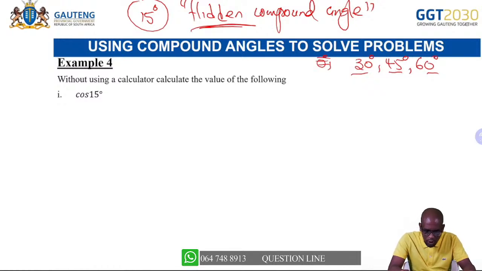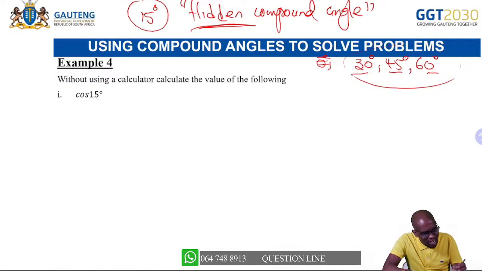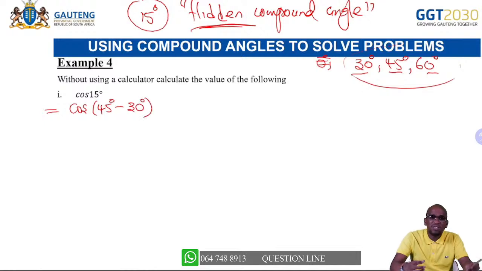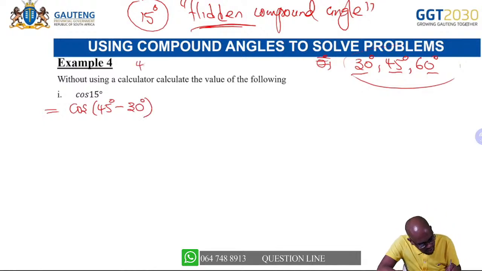But now, we need to utilize any of these special angles that can assist us to get 15. So if I can use the cosine of 45 degrees minus 30. What is 45 minus 30? 45 degrees minus 30 degrees simply gives me 15 degrees.